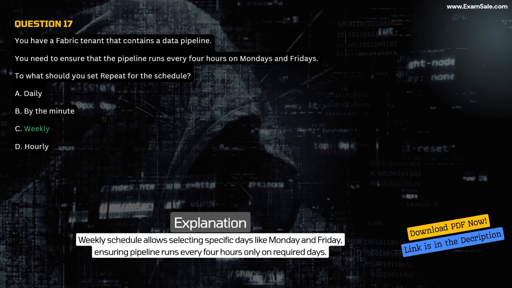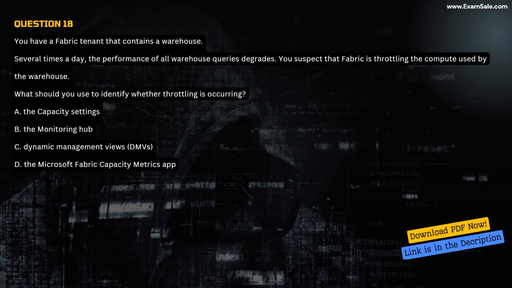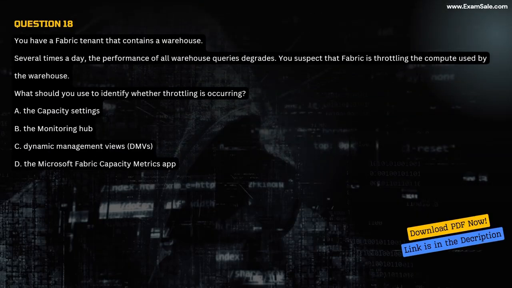required days. Question 18. You have a Fabric tenant that contains a warehouse. What should you use to identify whether throttling is occurring? A. The capacity settings. B. The monitoring hub. C. Dynamic management views, DMVs.